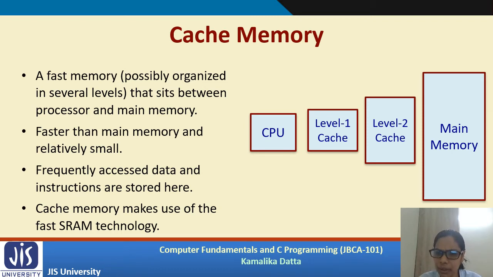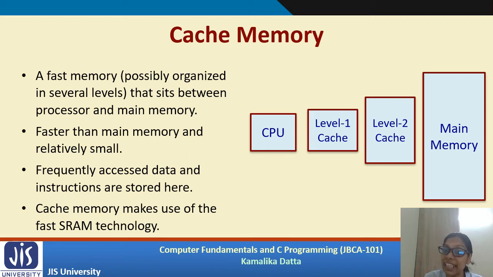Now, why have another set of memory, bringing data from main memory to cache memory and again from cache memory to processor? Wouldn't that be more cumbersome? No. Why? Once we bring a certain set of data or instructions from main memory to cache memory, it is stored there for some time.